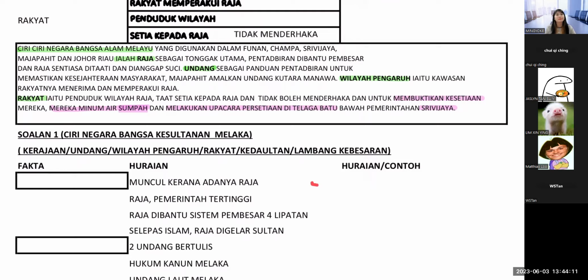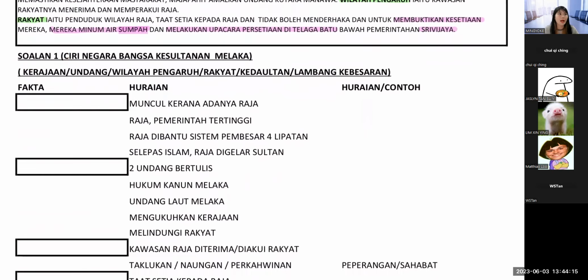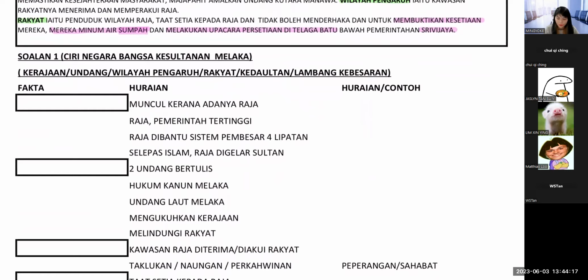Thank you, Brian. Okay, now, so then we go to soalan kedua. We go to the next question, which is ciri-ciri negara bangsa Kesultanan Melayu Melaka. So ciri-ciri Kesultanan Melayu Melaka is according to our Kerajaan Alam Melayu use, correct?